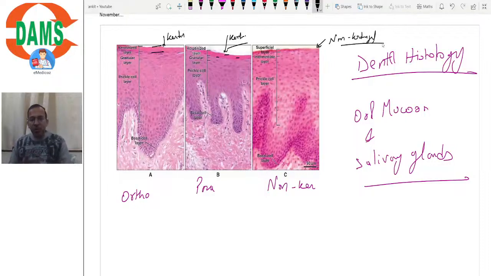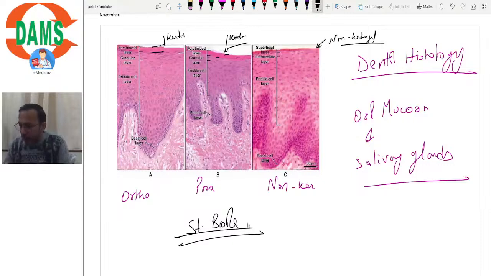And take a note of the stratum basale. In all these three layers, you can notice that the stratum basale has more prominent nuclei as compared to the other layers. Now, why is that so?